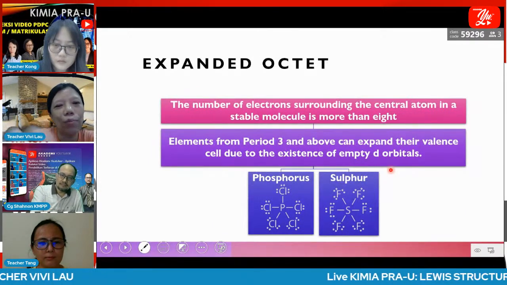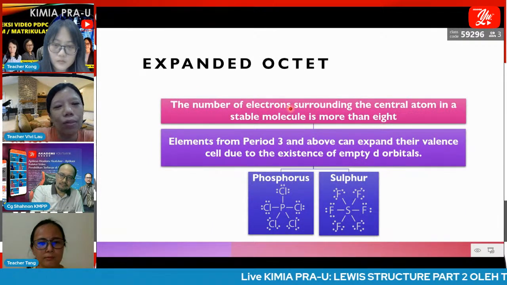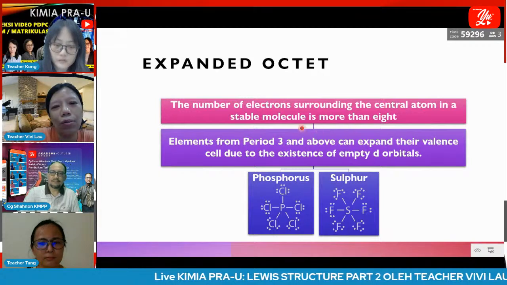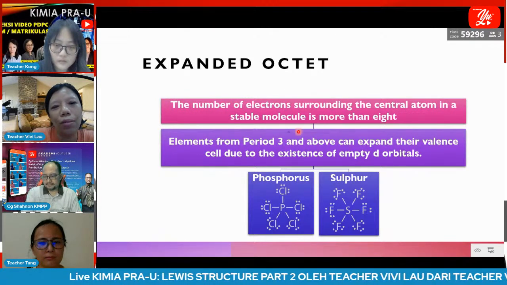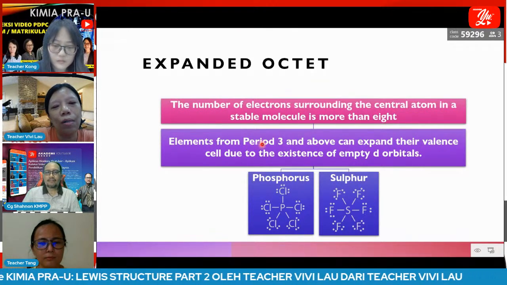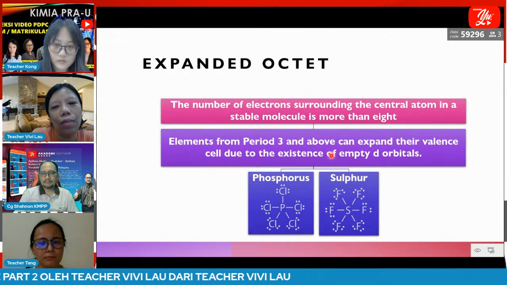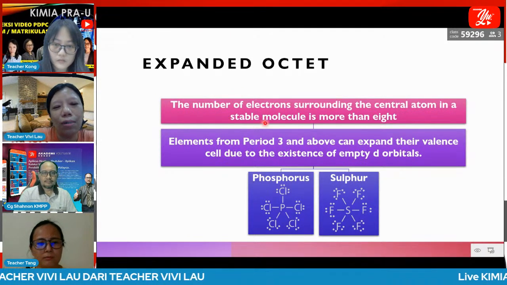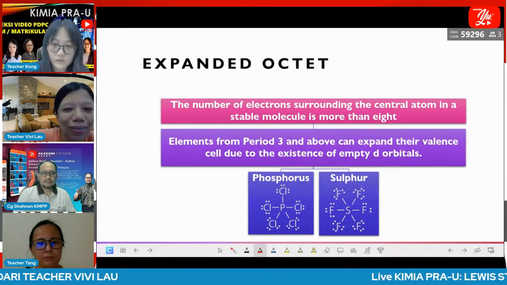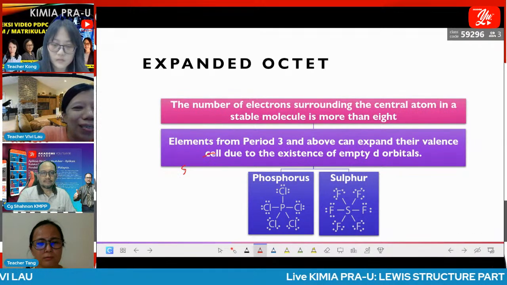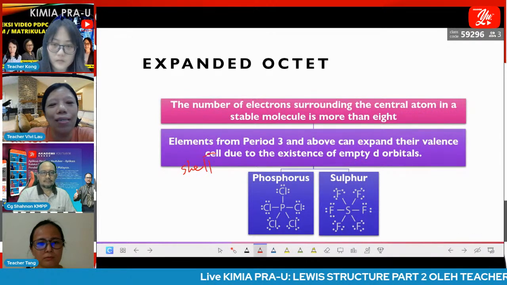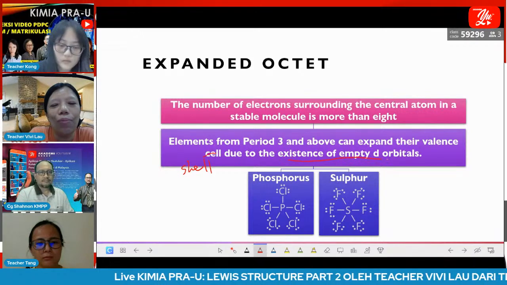Then we have expanded octet. Expanded octet means the electrons surrounding the central atom are more than 8. This happens for elements in period 3 and beyond. They can expand their valence shell due to the existence of empty d orbitals.